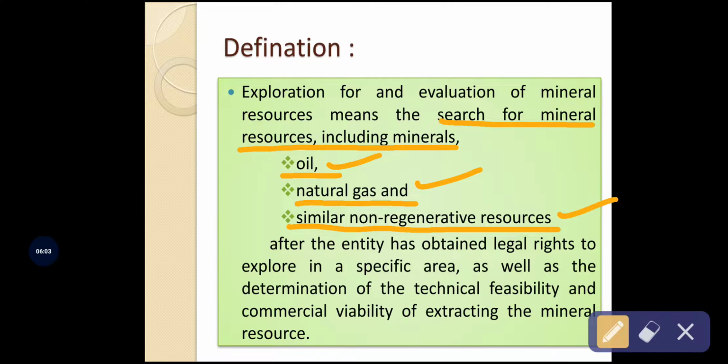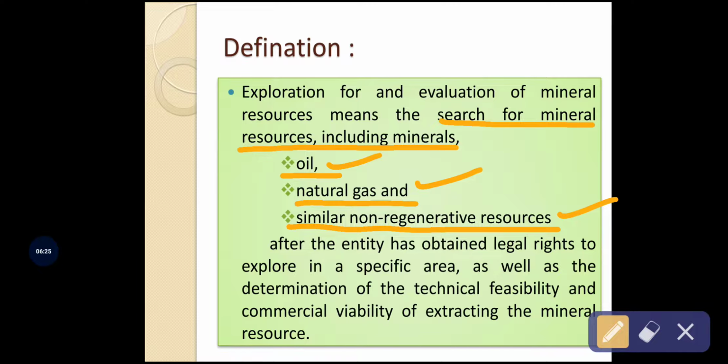After the entity has obtained the legal rights to explore in a specific area, as well as determined the technical feasibility and commercial viability of extracting the mineral resources, assume the company engages in the exploration of mineral resources.